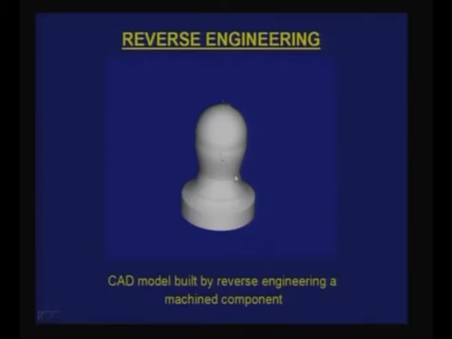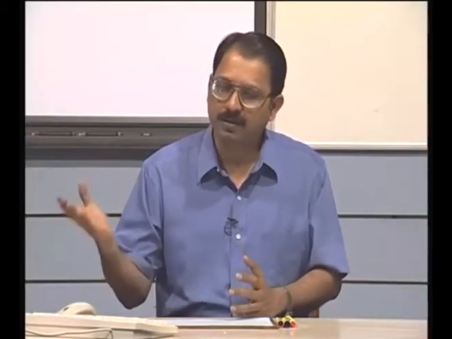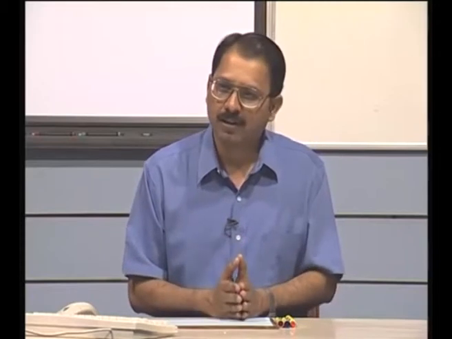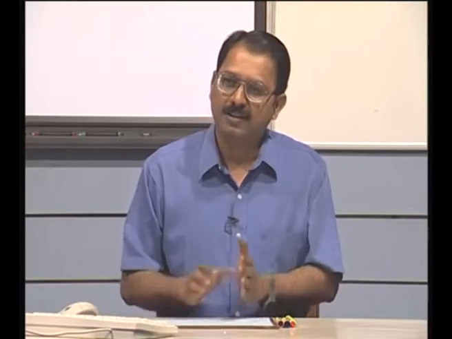You are able to capture that because you have taken enough points to fit this kind of surface. So this is a CAD model built from a manufactured component. Now I can compare it with the CAD model and see whether this particular contour, which is critical to me, is being satisfied or not.